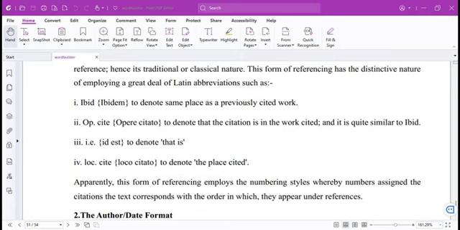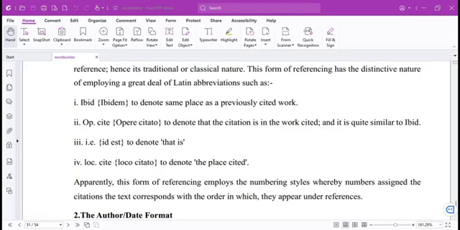This is very common. So many people know i.e., to denote that is. When you're writing or looking into a work, instead of writing that is, you see i.e. Number 4 is loc. cit., loco citato, to denote the place cited.